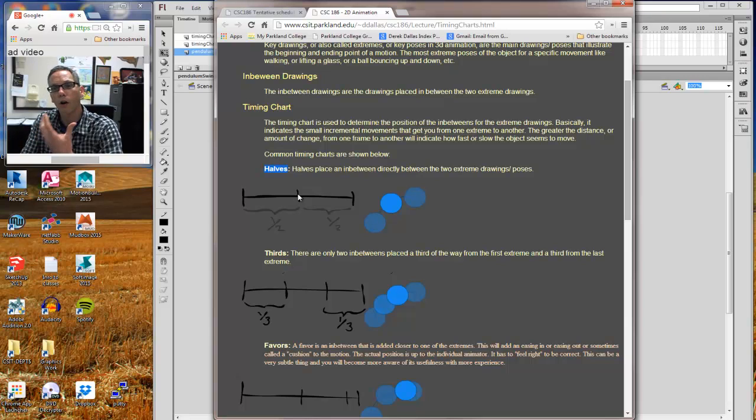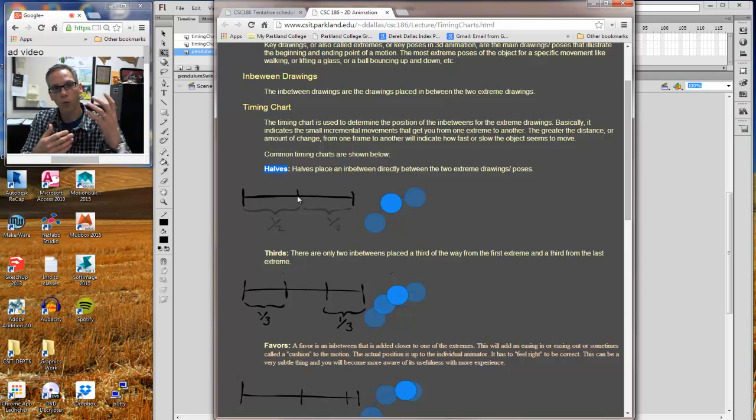And we usually work on what's called shooting on twos, where you work on the odd number frames: 1, 3, 5. In our case, whatever this would be, 11, and then somewhere in the middle, so this would be 7, or 5. The reason we do that is because it gives us extra space in between.